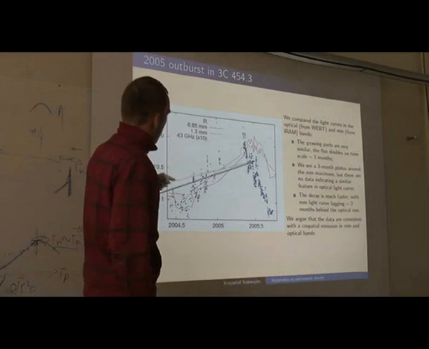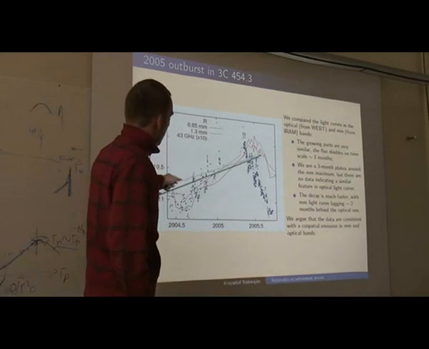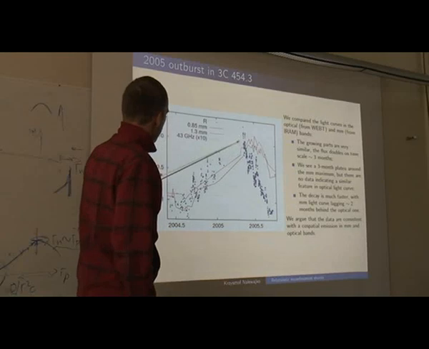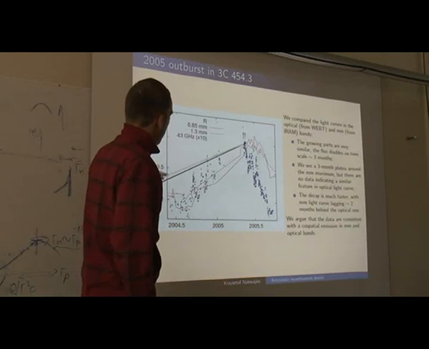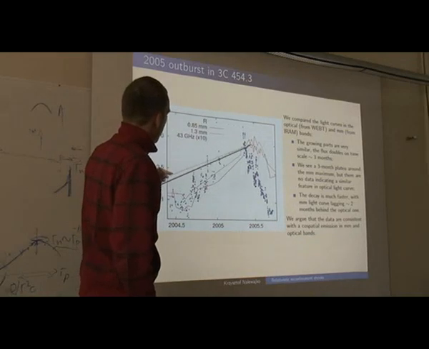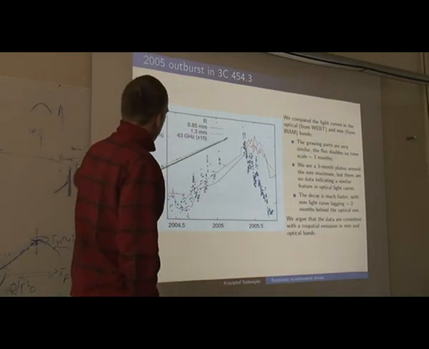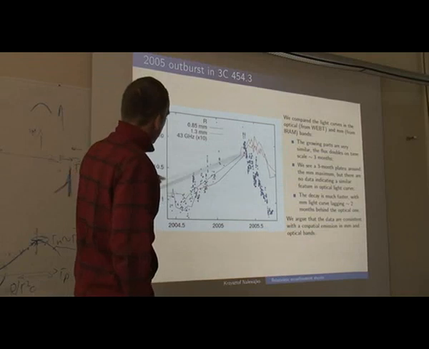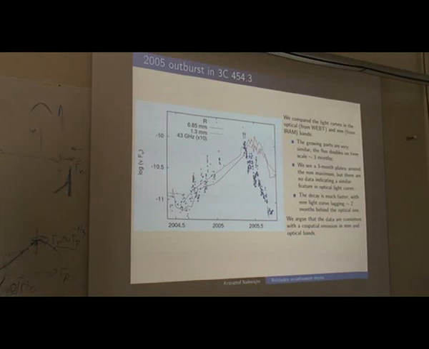But then there are a lot of points that are covered here, and so we think that this is the actual peak of the millimeter photons, but the peak of optical emission is not very well known because of this gap in the data.